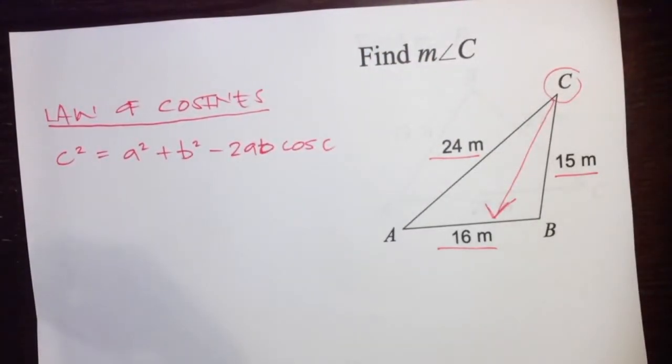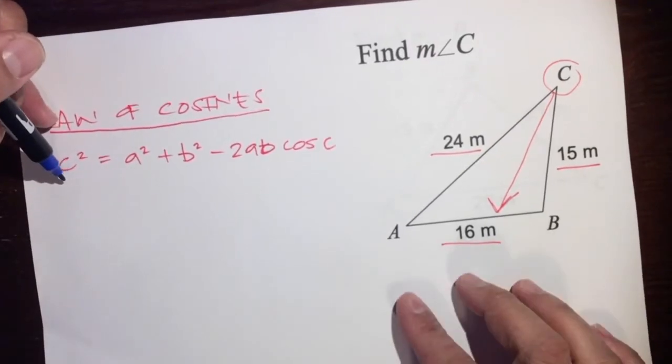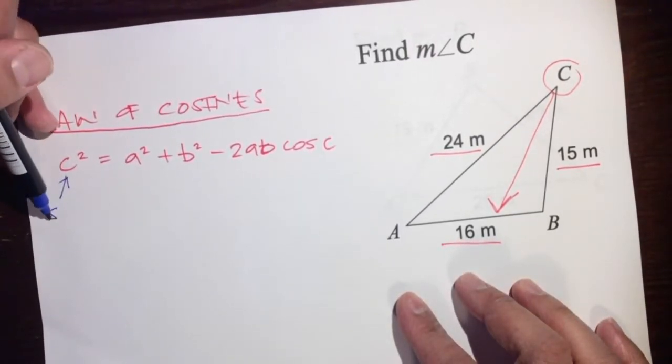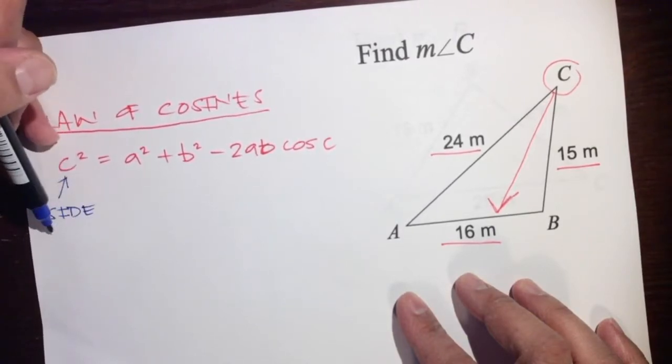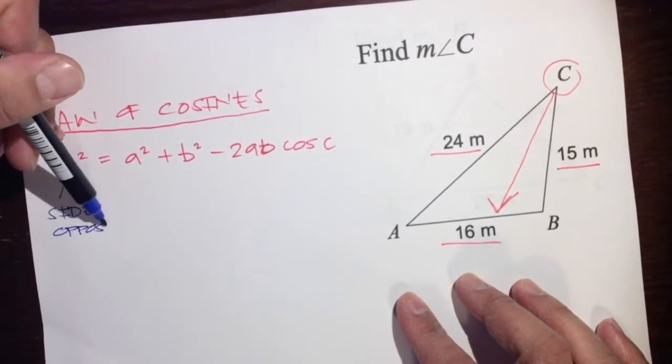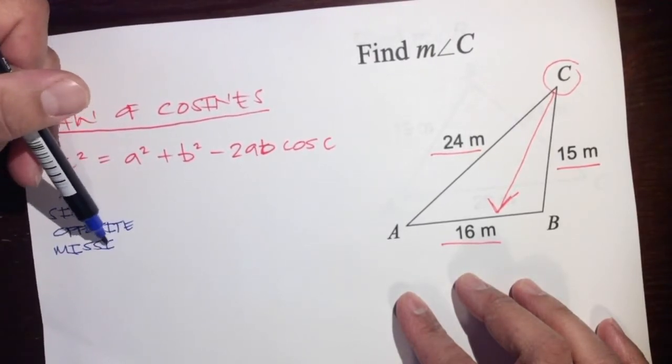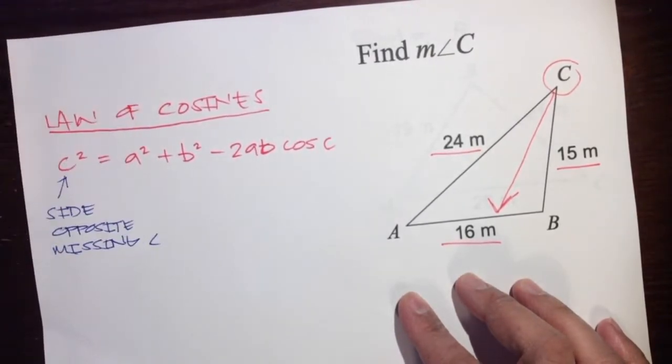So let's just plug all that stuff in. Let's get another color, and let's see what we have. So C squared is the side opposite the missing angle.